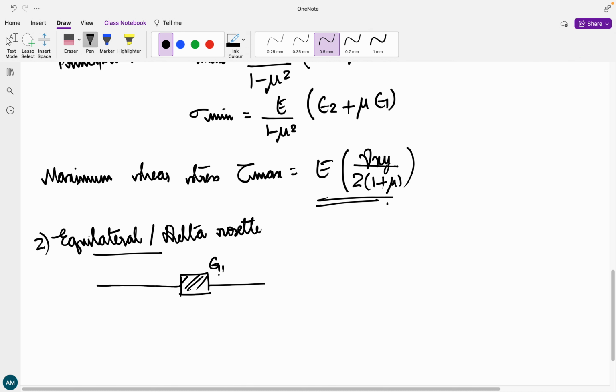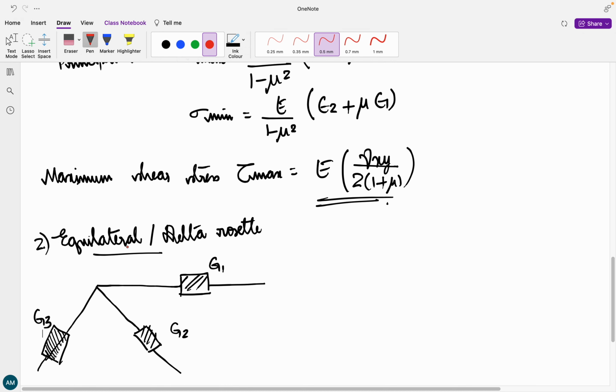This is gauge 1, we have gauge 2, and then we have gauge 3.